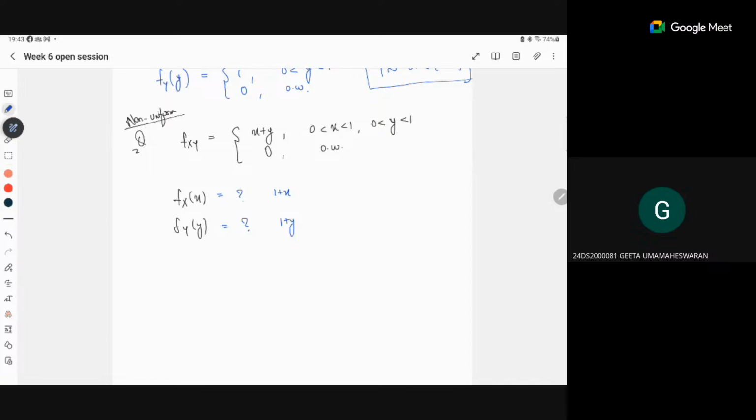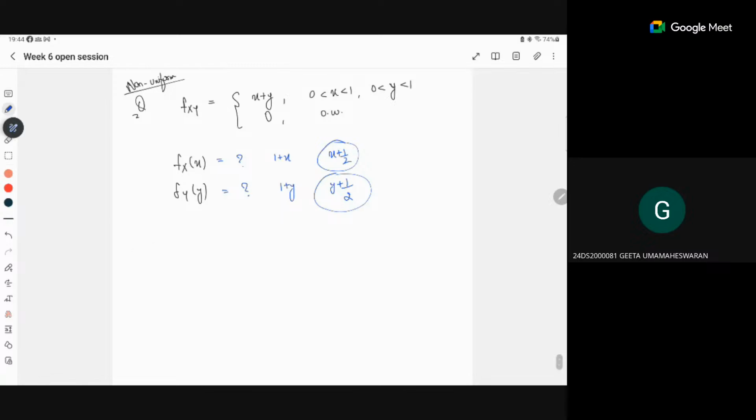No, I think I made a mistake this time. x plus 1 by 2 and y plus 1 by 2. Okay, so this is the answer you got. Anyone else who has any doubt? I got for f x, y plus 1 by 2 and for f y, x plus 1 by 2.